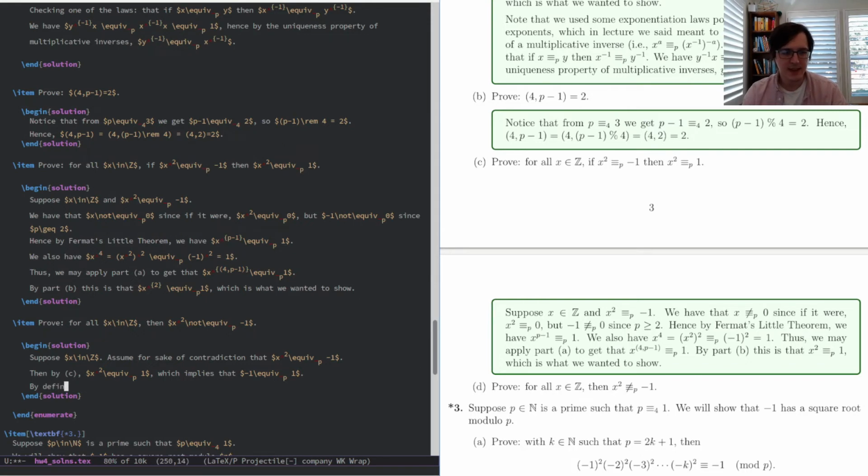So let's say by definition of congruence, this means p divides 1 minus negative 1. So since p is prime, p equals 2.